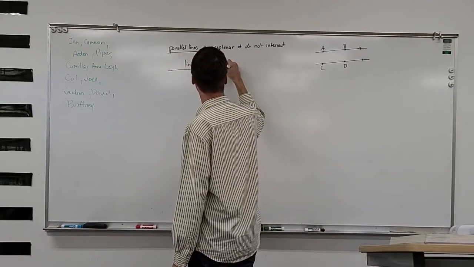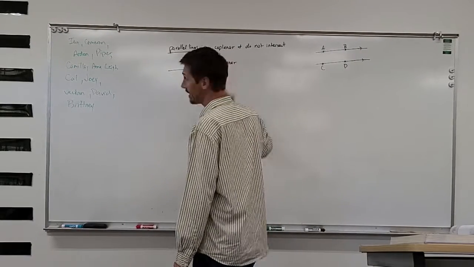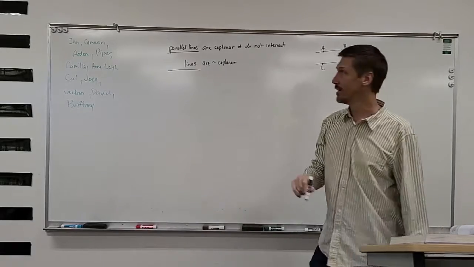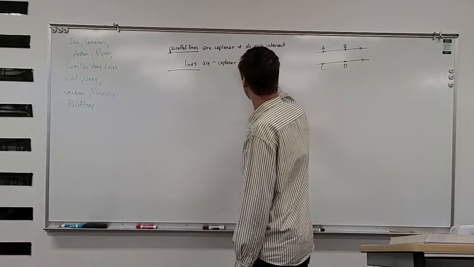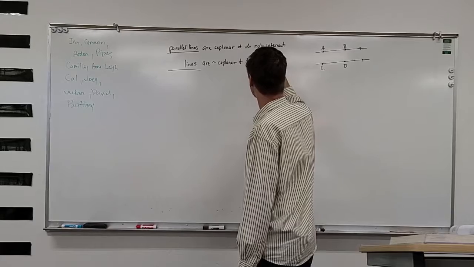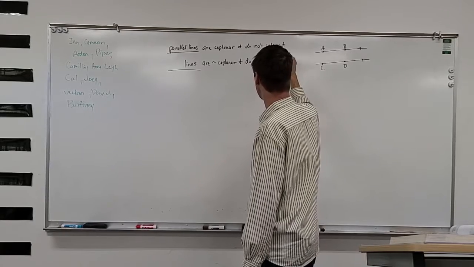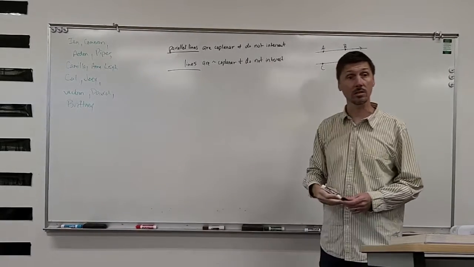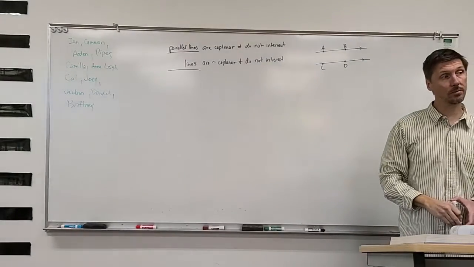Are not, check that out. I'm going to write it like that, just to mess with you. Are not coplanar and do not intersect. They don't intersect, but it's pointing out that just because lines don't intersect doesn't mean they're parallel. They have to be on the same plane.